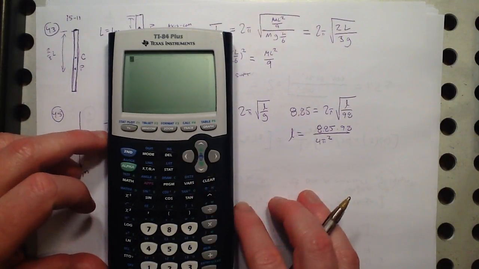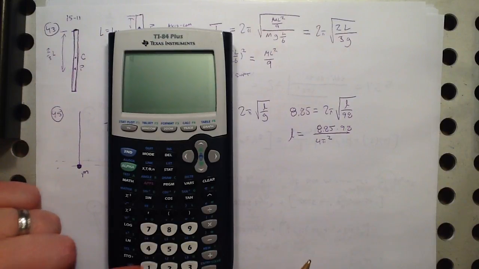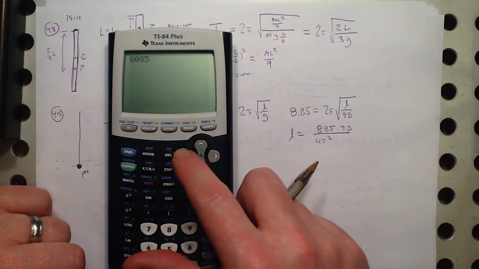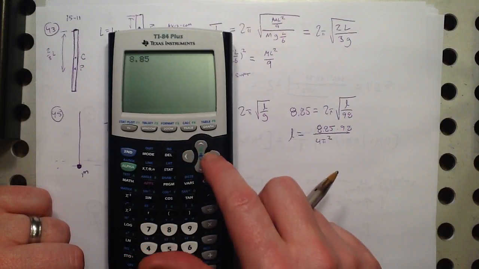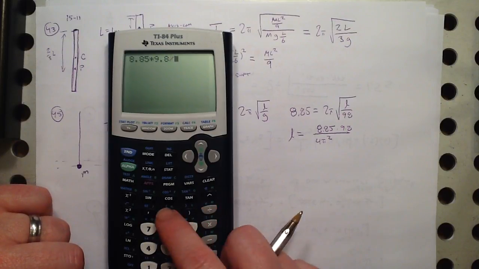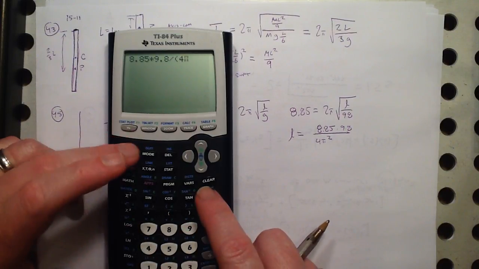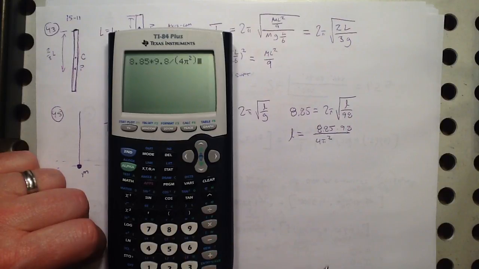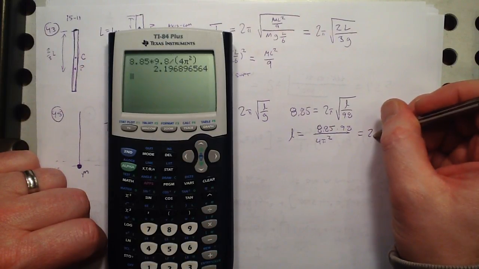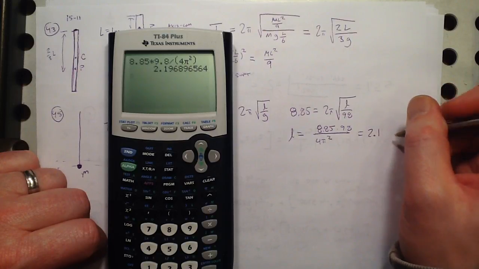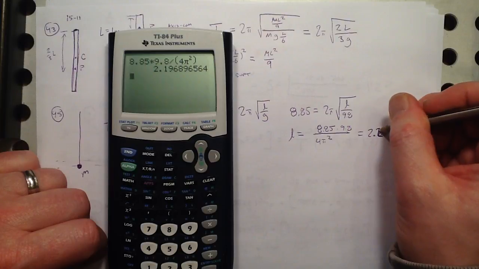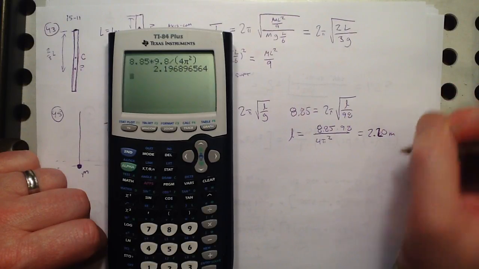So the length is 8.85 times 9.8 divided by 4 pi squared, so about 2.20. They're doing it to the nearest centimeter, so I'll follow suit there.